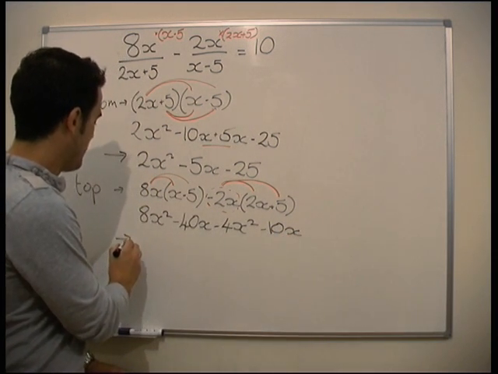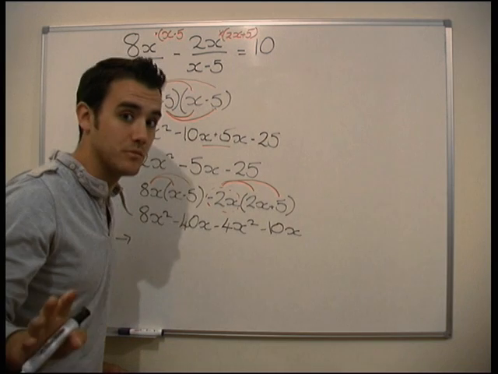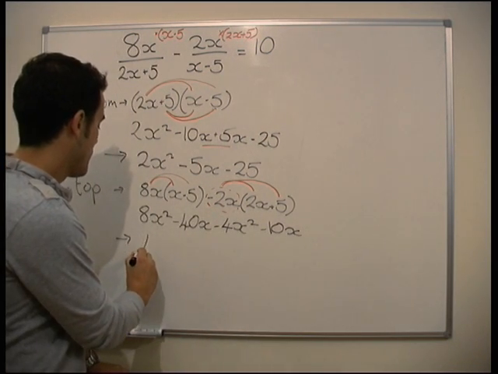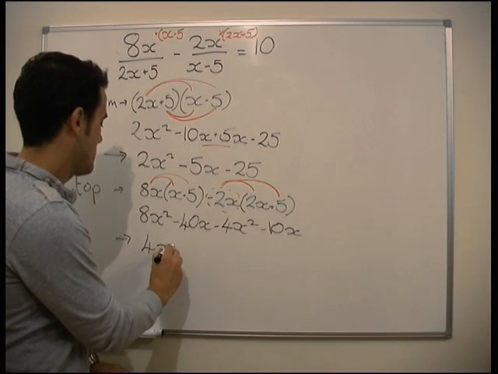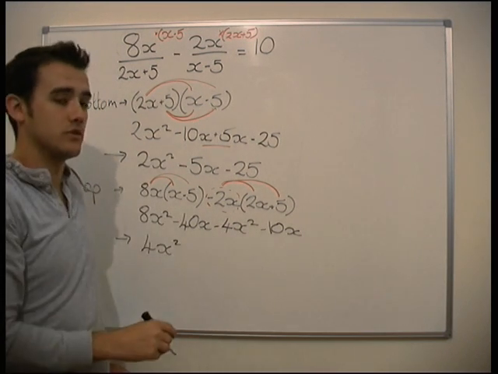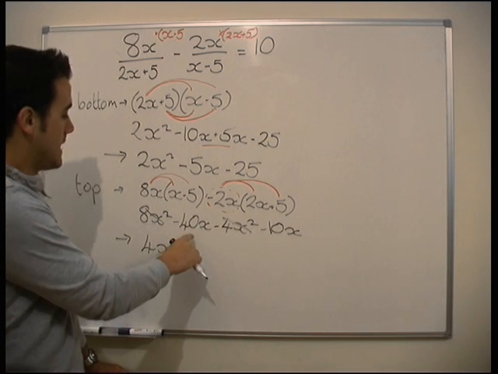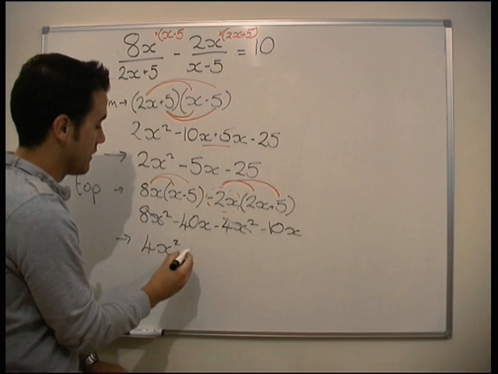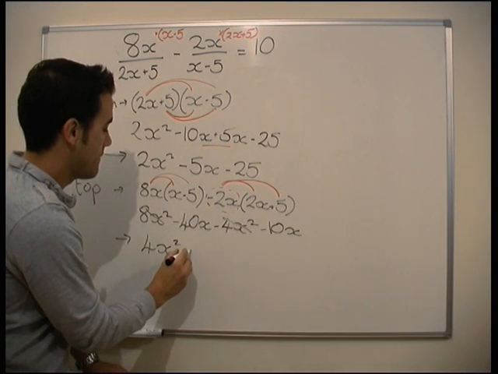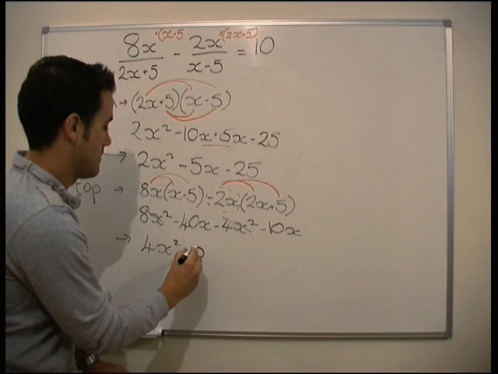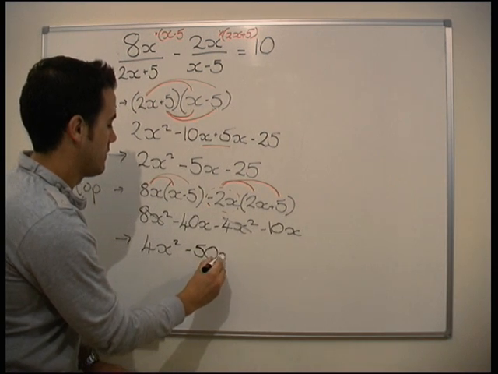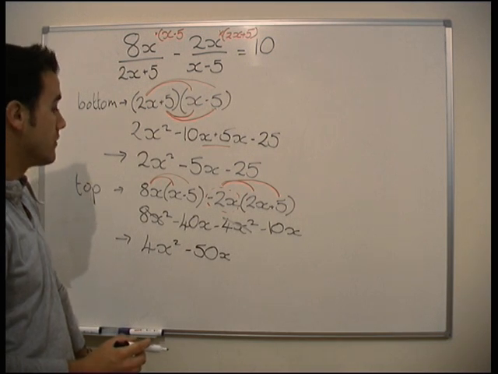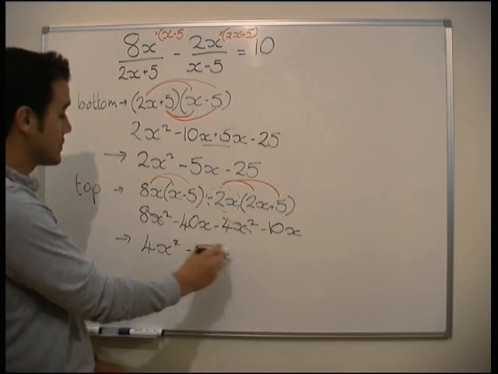So let's simplify that. 8x squared, it's not the same as it did last time either. 8x squared minus 4x squared, so that's those done. And then minus 40x minus 10x is going to give us minus 50x, isn't it? It was minus 50x. Okay, so that's the top.